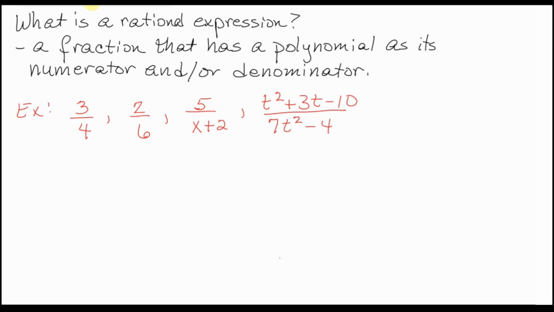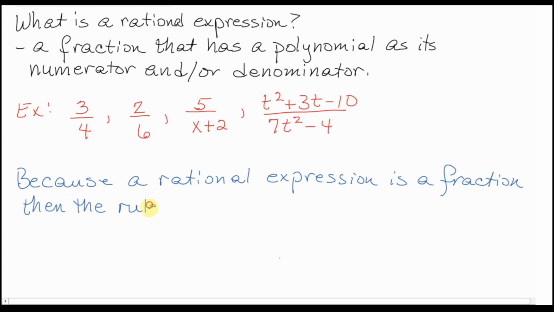Now one thing we want to remember is, because a rational expression is actually a fraction, the rules for fractions apply. Well, what do we mean by that? We mean that one instance is that you cannot have a divide by 0.